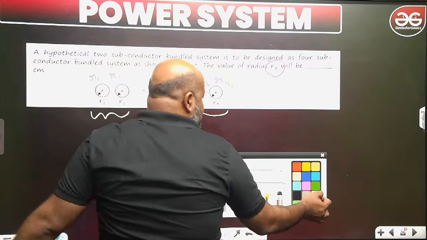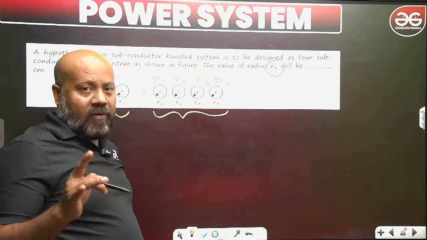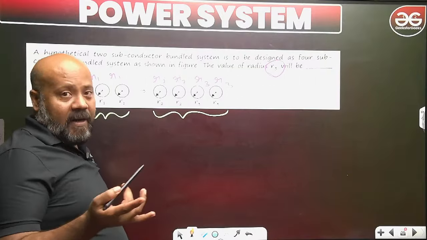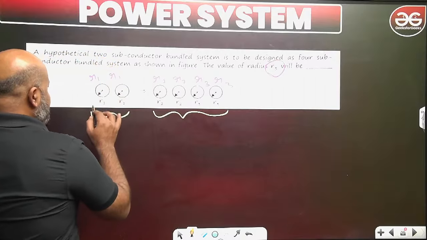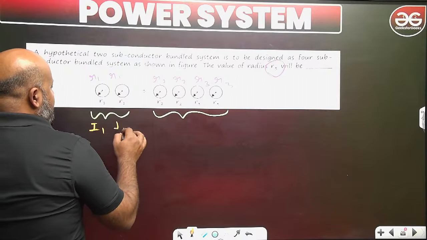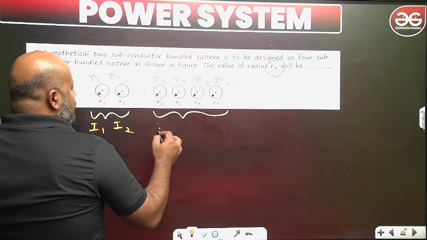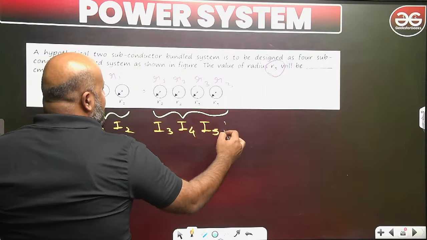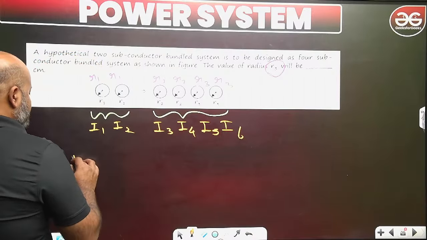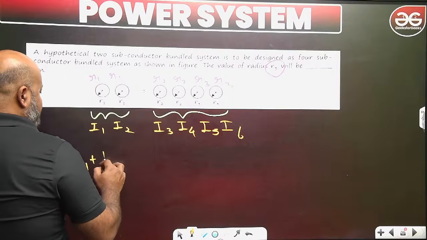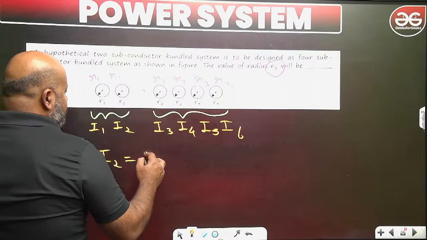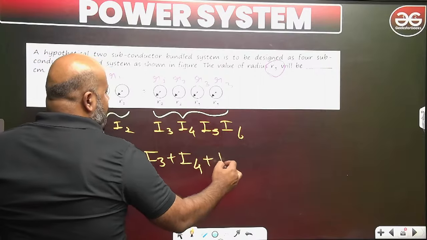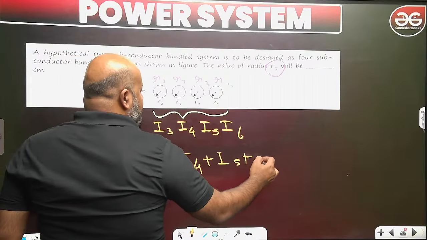So I told you in this type of question what you have to do. Actually, you have to relate the area. How we are relating the area? Suppose this is having I1, this is having I2, this is having I3, I4, I5, I6. So total current for this conductor, I1, I2, should be equal to total current here in the 4 subconductors, I3, I4, I5 and I6.